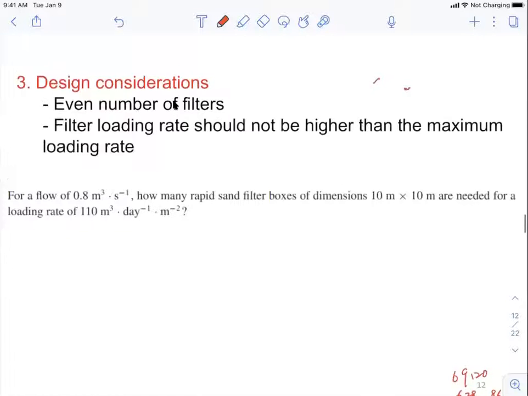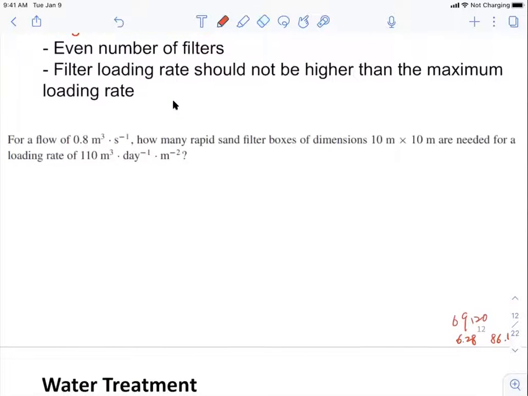Okay, so let's look at this problem. This problem tells us the flow rate and the loading rate. It's asking how many of these rapid sand filter boxes with this type of dimension we need.